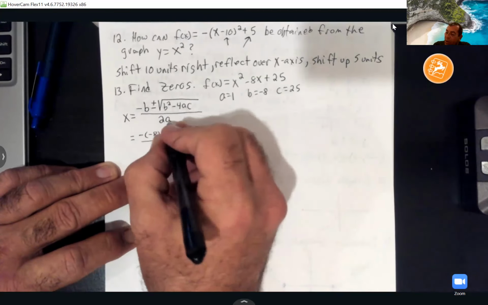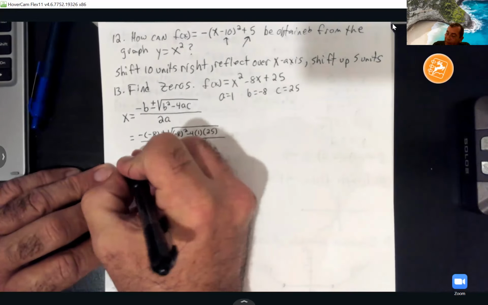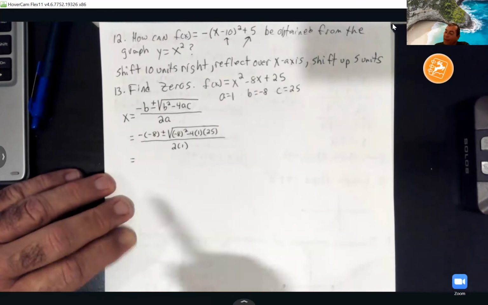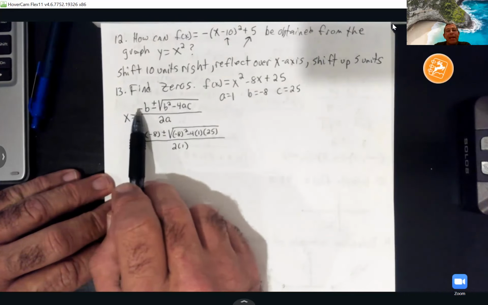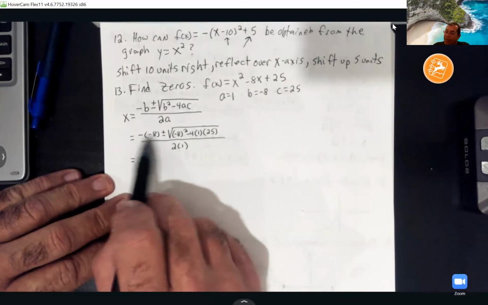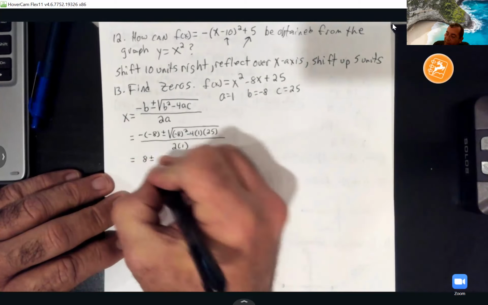All of that over 2 times 1. So with the quad, your first step is getting all this stuff plugged in. So the only purpose of this negative was to turn that -8 into a +8 because you got 2 negatives. So that's going to be a +8.